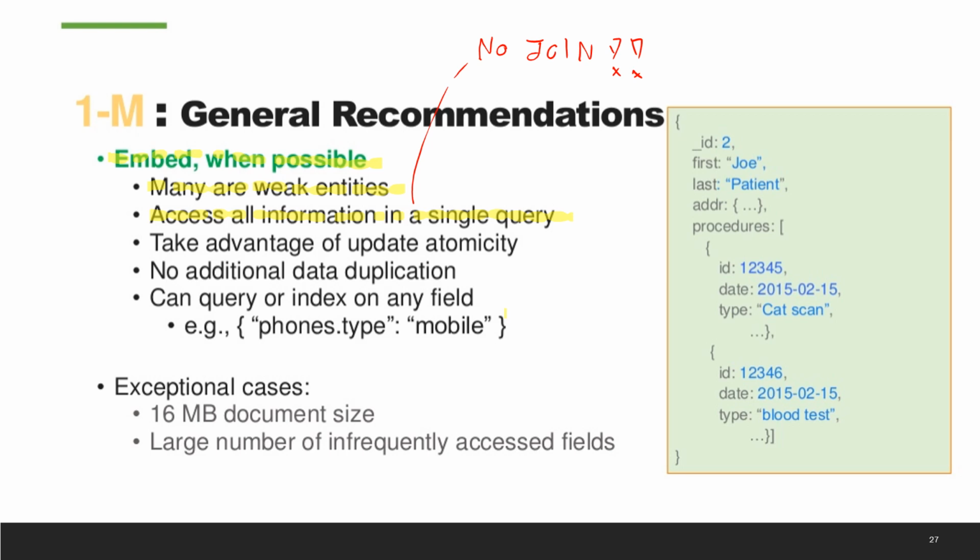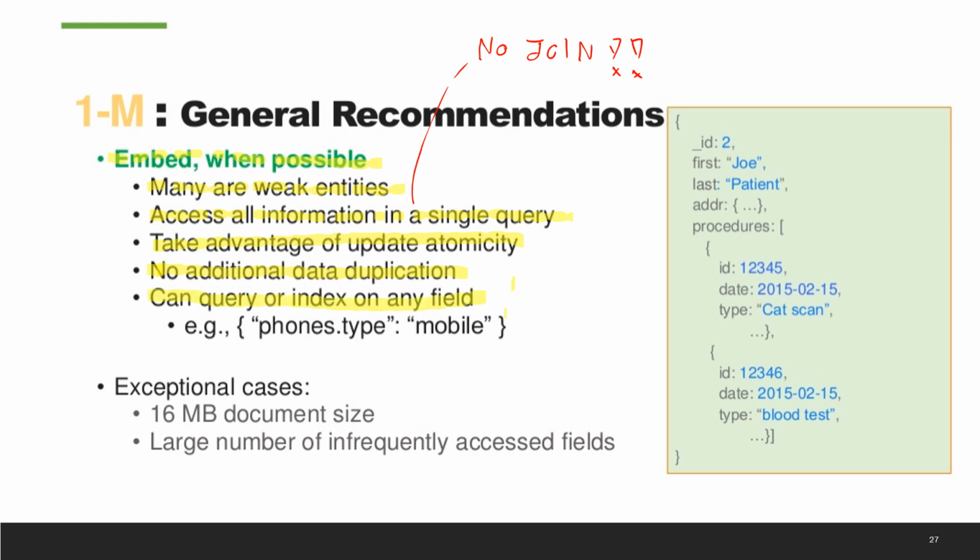Okay, then the next advantage or benefit is that we can take advantage of update atomicity. We update a single document only, right? No need to update multiple documents or collections, and no additional data duplication is made, right?